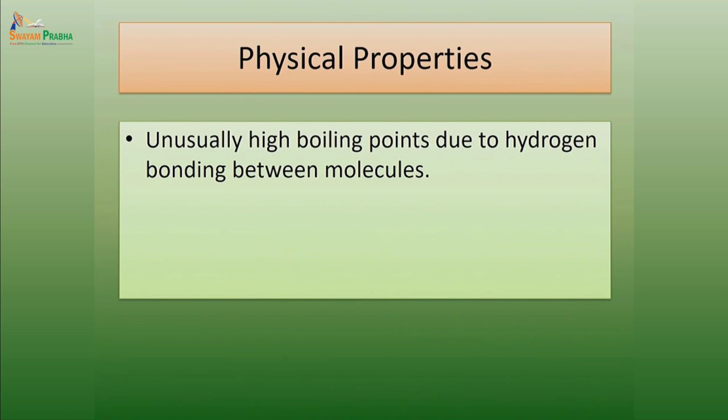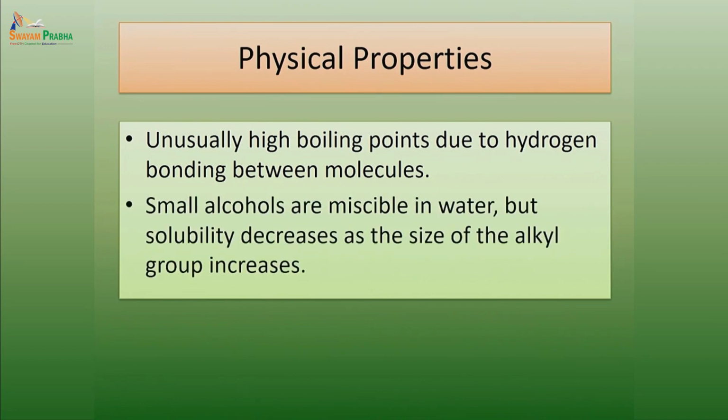So the hydrogen bonding actually increases the boiling point of the substance. And secondly, the small alcohols, methanol, ethanol, propanol, isopropanol, all these lower hydroxy derivatives are water soluble, whereas the higher ones are not.